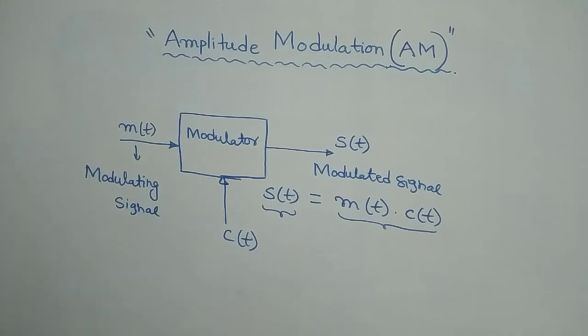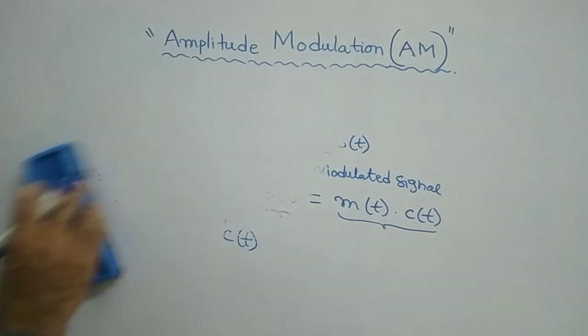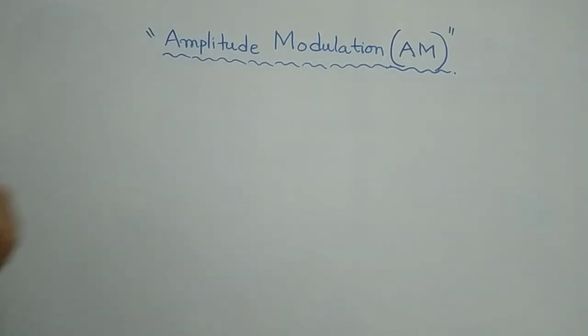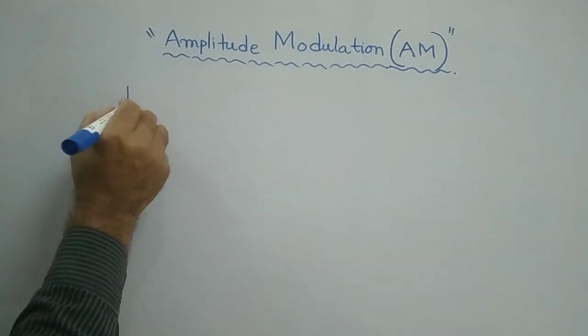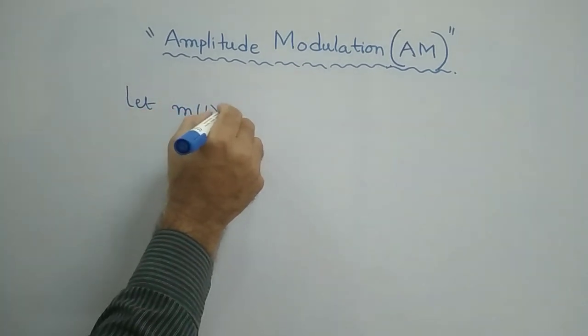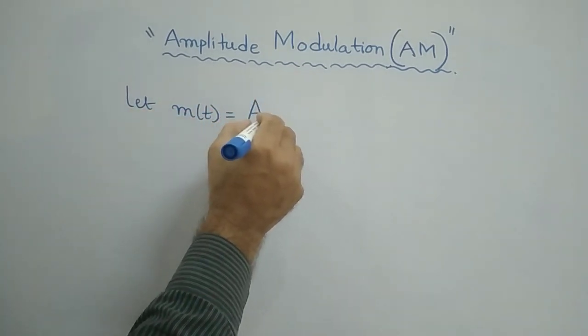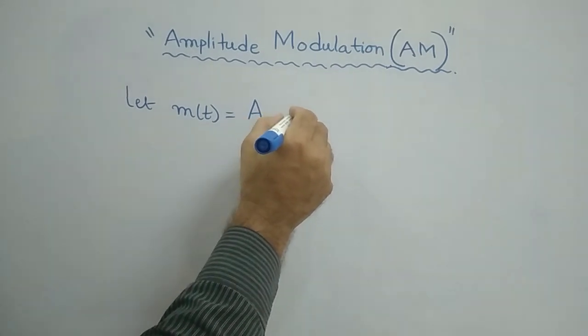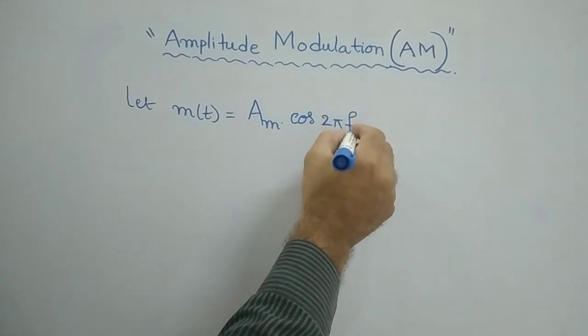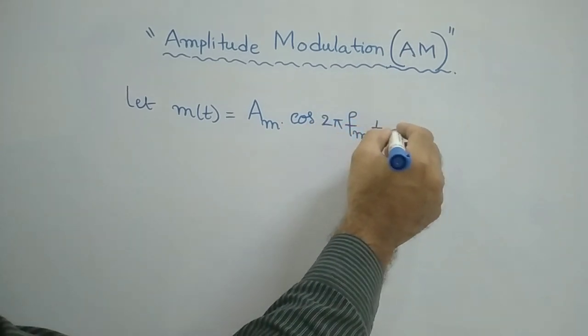Now I will explain a little bit more in terms of their mathematical expression. Let us carefully follow this. Let m of t, your message signal, be defined mathematically as A suffix m into cos 2 pi f suffix m into t. Clear?